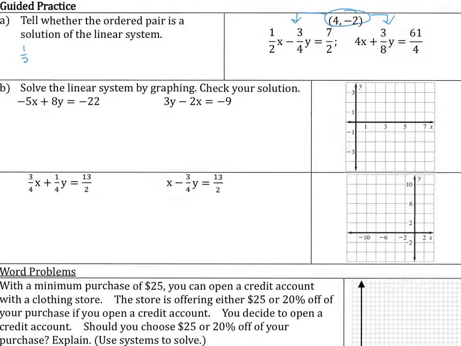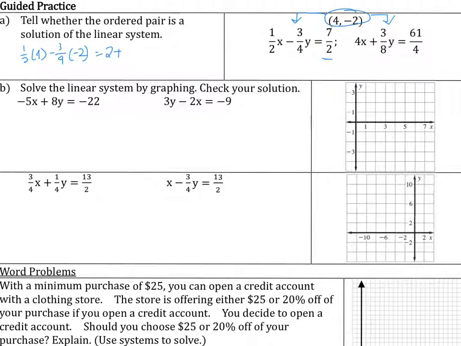Half times 4 minus 3/4 times -2. And we need to determine whether it equals 7/2. So I'm going to go ahead and simplify half and 4, and that makes 2.